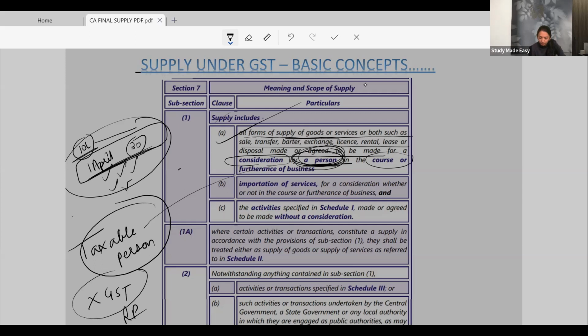Now, in course or furtherance of business. Again, a big definition. We cannot take it up now. But understand one thing. If I go into the detail of this concept, that is only my definition's clause A. Can I say in general, in business? This is my business.